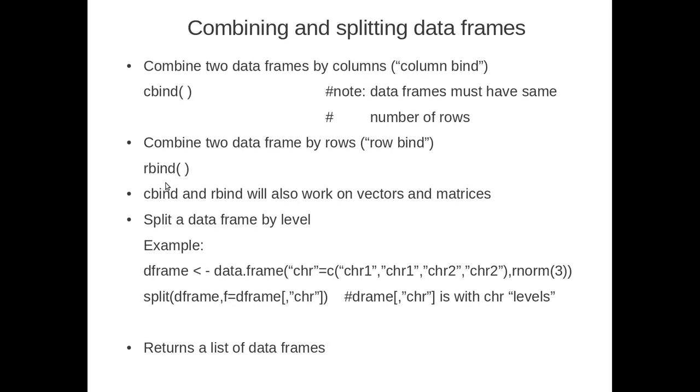Similarly, you have what's called rbind, so you can bind together by rows. Again, assuming you have the same number of columns in 2 different data frames, maybe the first has 2 rows, the second has 3 rows, you can bind them together and now have 5 rows of data with the same number of columns as you originally had in each of the original data frames.